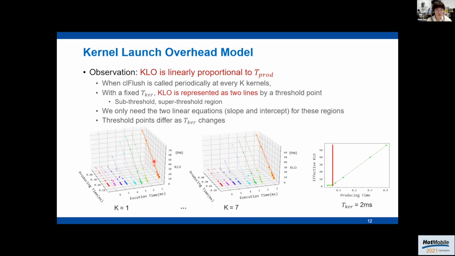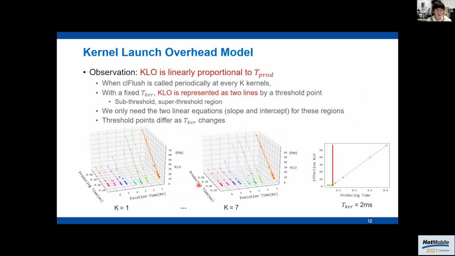What we observed in modeling the clock is that the clock is linearly proportional to tprod. The graph below shows the clock value when tprod and tcur change, while the shell flush period k varies.